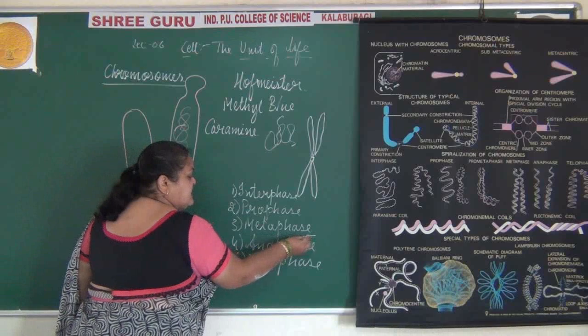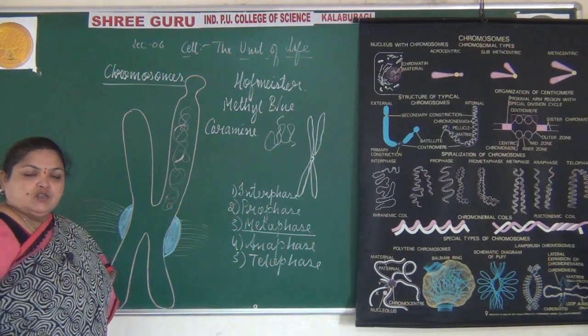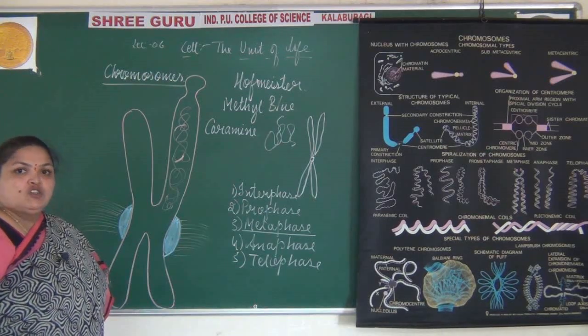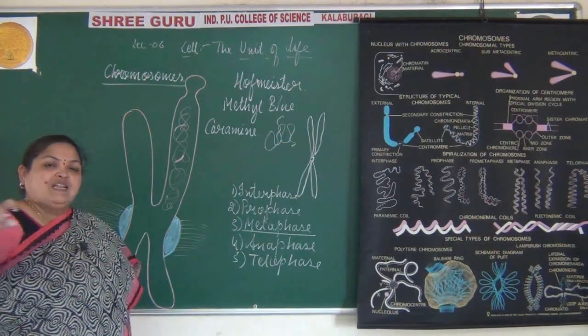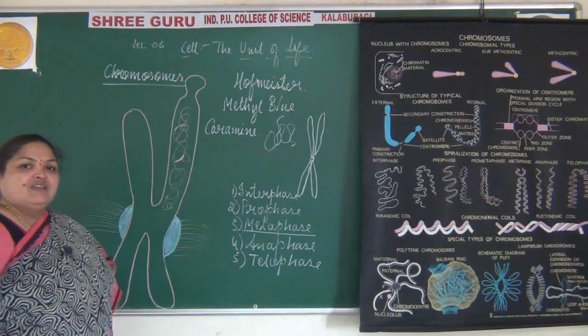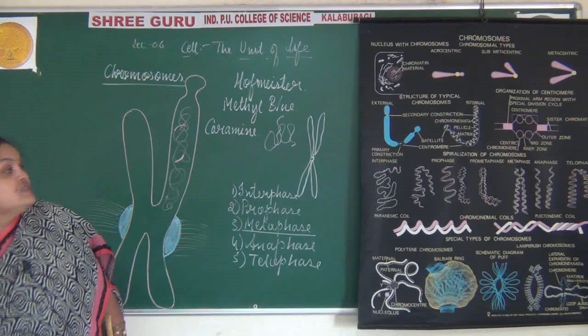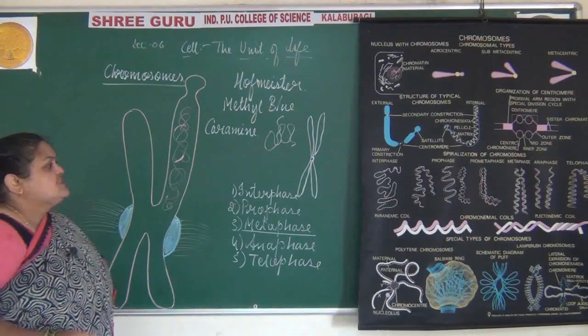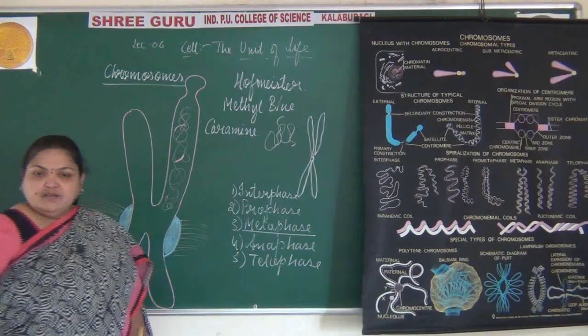It is clearly visible during the metaphase plate, or the metaphase stage of cell division, where all the chromosomes lie at the center of the cell in an equatorial plane. The chromosomes are the condensed short structures of the chromatin fibers.